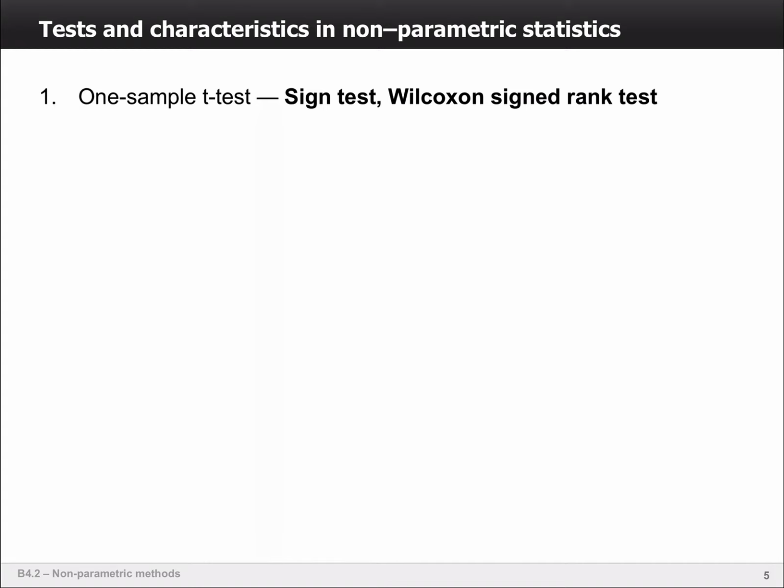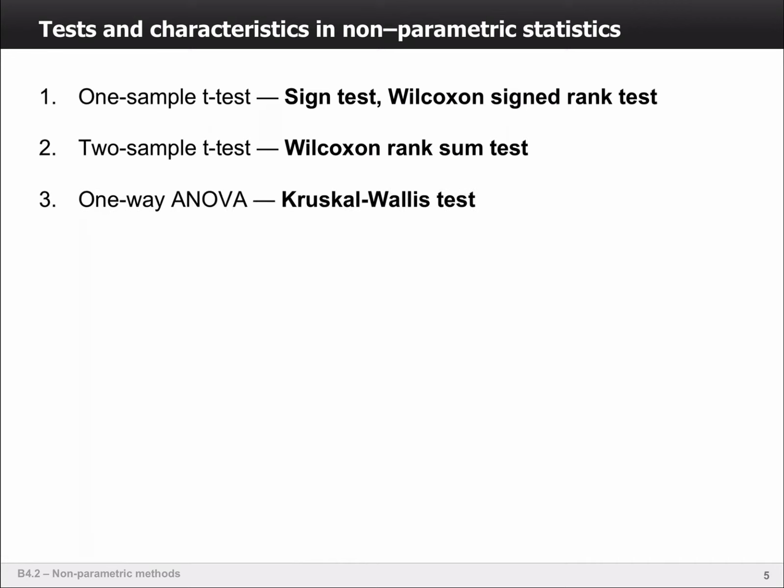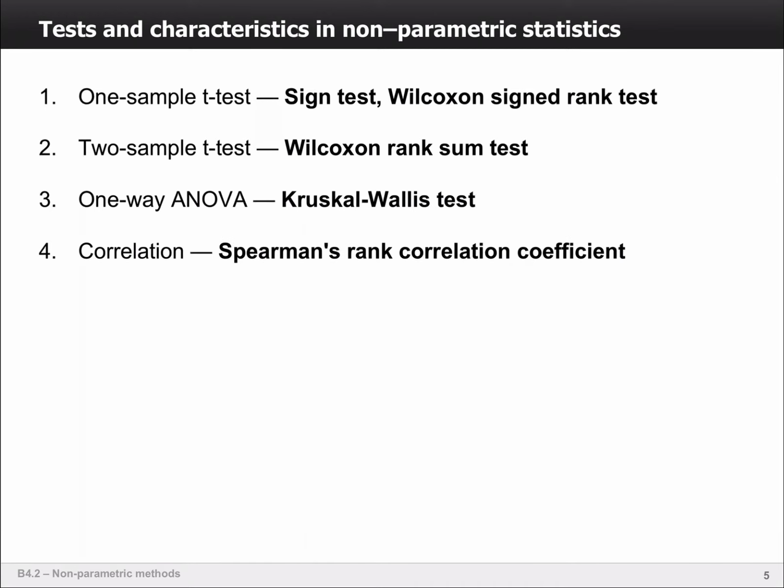It's a sign test and Wilcoxon signed rank test. The two sample t-test has a good substitute, the Wilcoxon rank sum test, or sometimes it's also called the Mann-Whitney test. For ANOVA, unfortunately, there is no substitution for n-way ANOVA. We can only do one-way ANOVA with one factor, and it's the Kruskal-Wallis test. For the correlation, we have to use the Spearman rank correlation coefficient, and for confidence intervals, we will use a procedure which is called bootstrapping. Okay, so let's start.